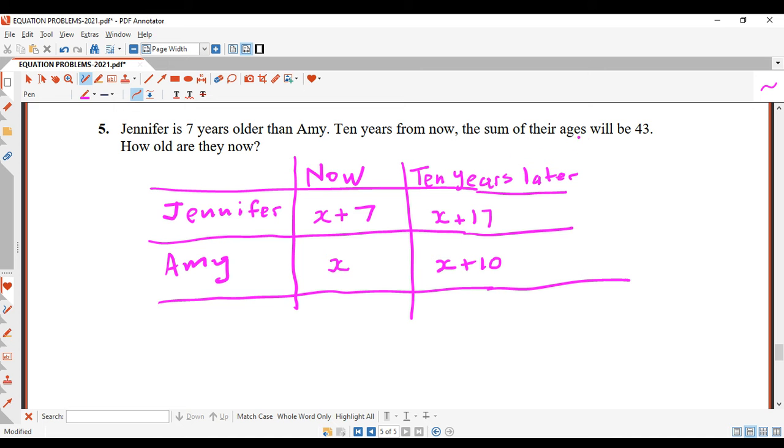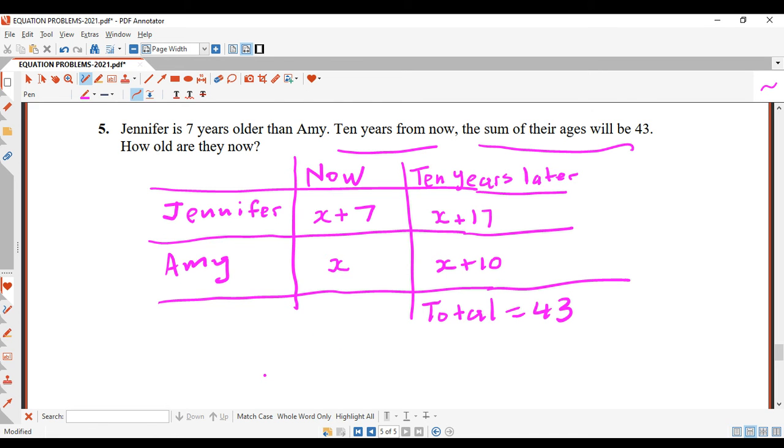It says the sum of their ages will be 43 after 10 years. That's going to be the column in the table we're going to use to get our equation. So we're going to get X plus 17 plus X plus 10 equals 43.